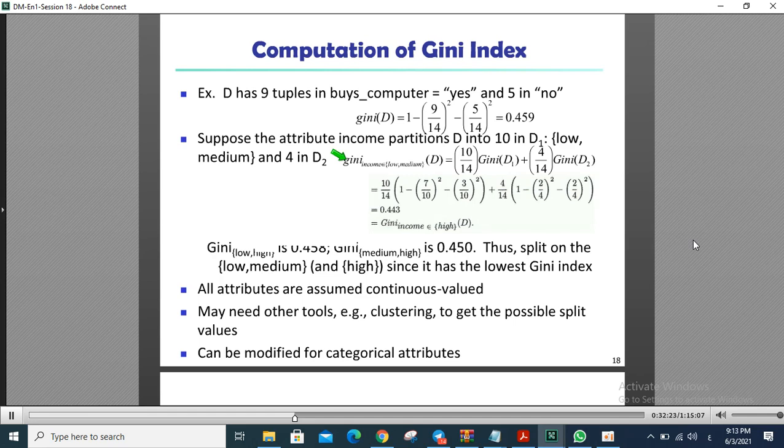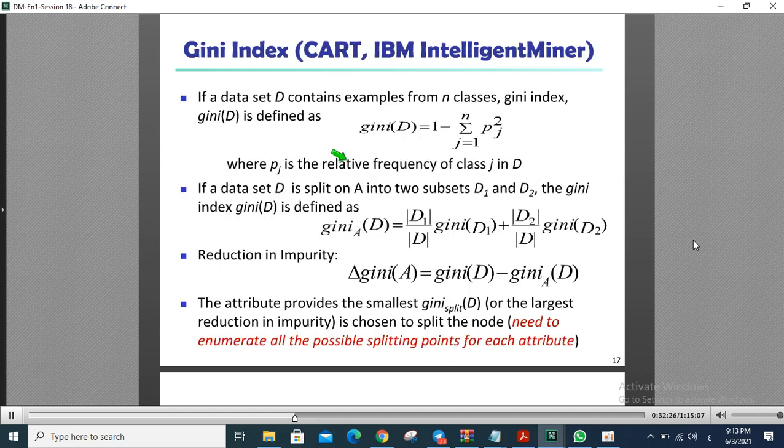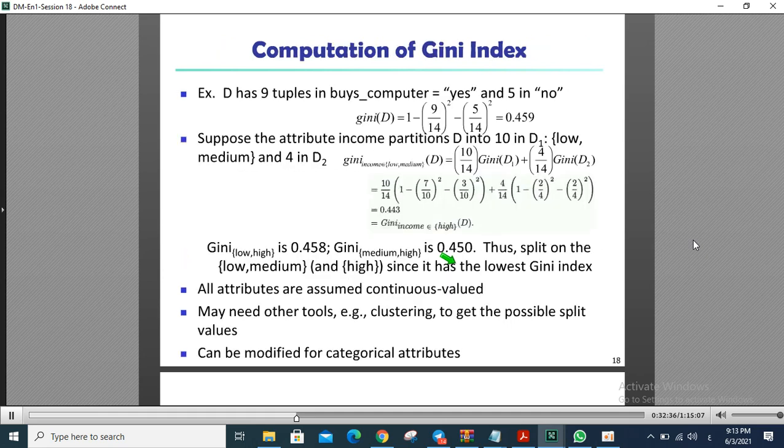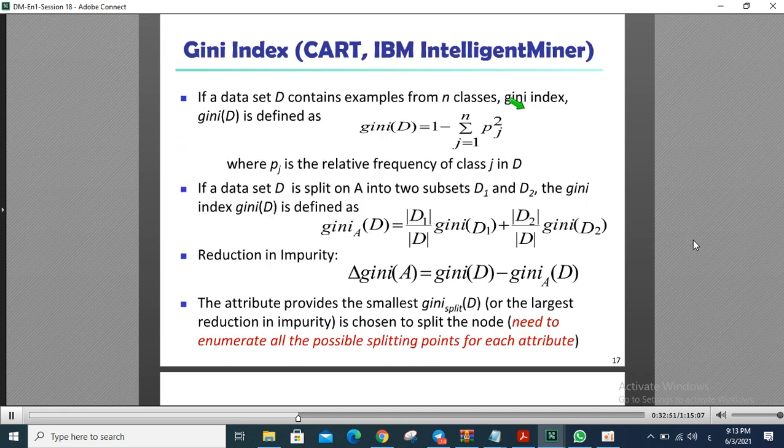To find which of them is the best, I'm putting these values here. I know that the Gini value of D of a data set is a fixed value. Here, look at this. The Gini index of my data set is 0.459.